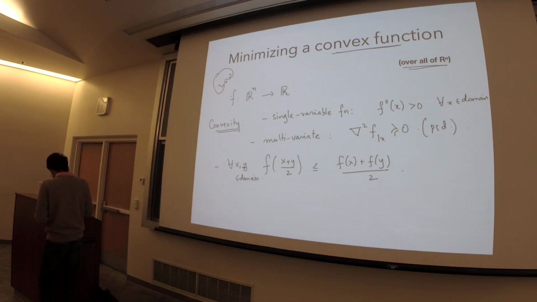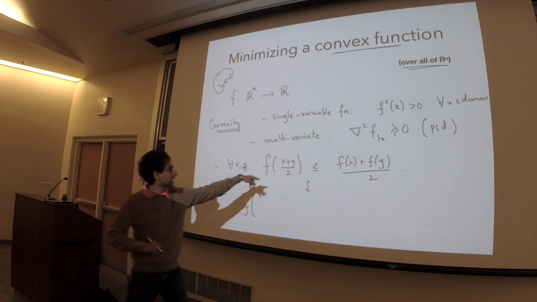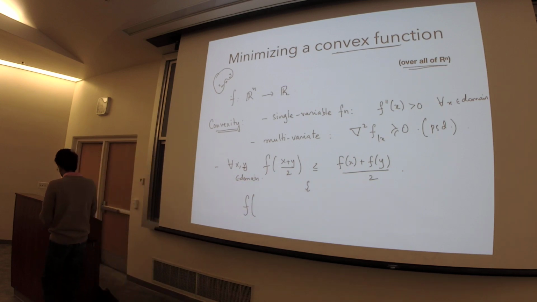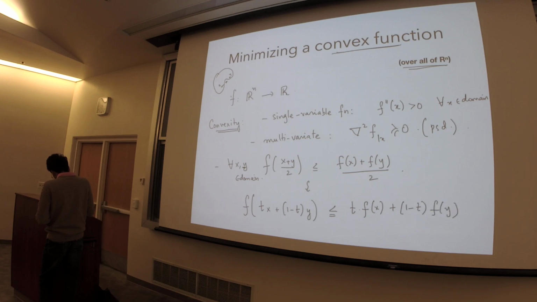And you can also use this to conclude another thing, which is that instead of taking the half, instead of taking the average, you can take any weighted average. So that's like saying f of t times x plus (1 minus t) times y has to be less than or equal to t times f of x plus (1 minus t) times f of y, for any t.